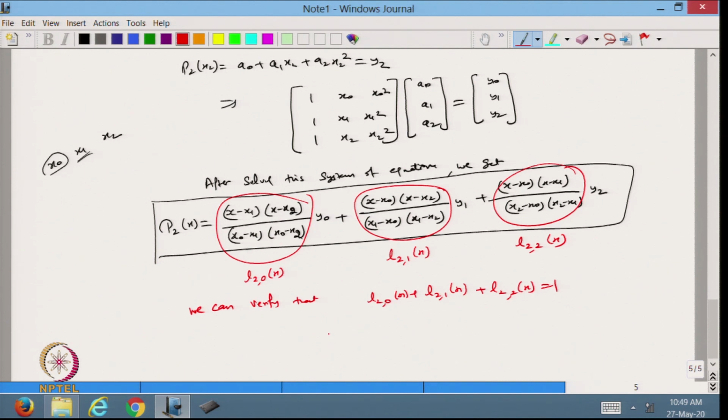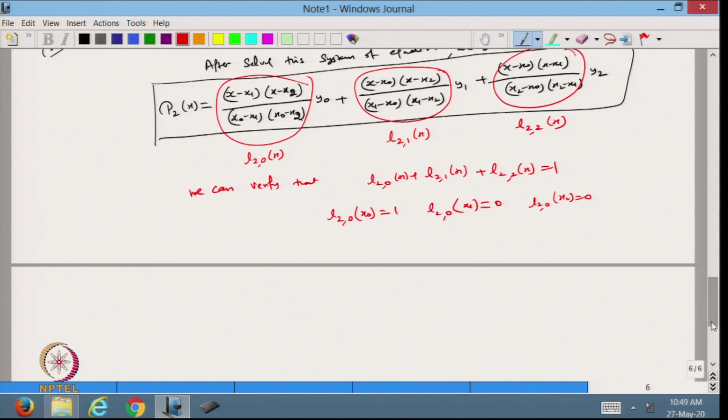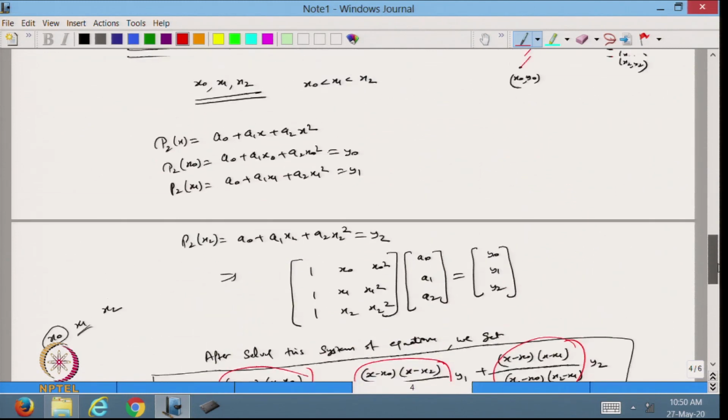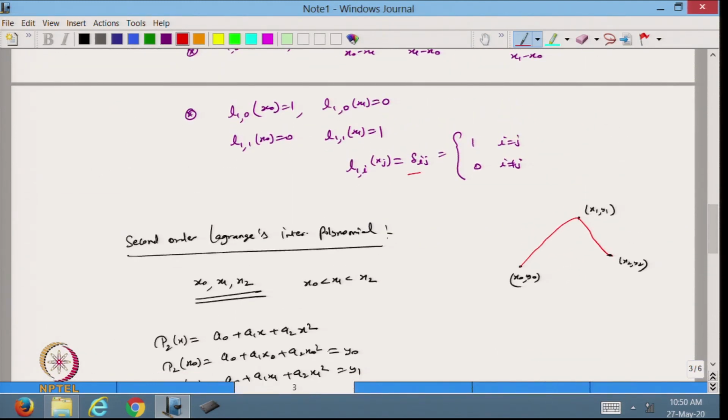And also from here I can see that L20(x0), if I put x equal to x0 here, this will cancel out, so its value will be 1, and L20(x1), so x1 is x1, it will be 0, and L20(x2) will also be 0. So from here you can say that this is also satisfying the second property of the delta function we have defined.